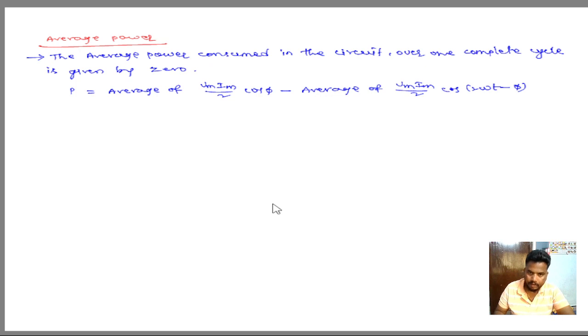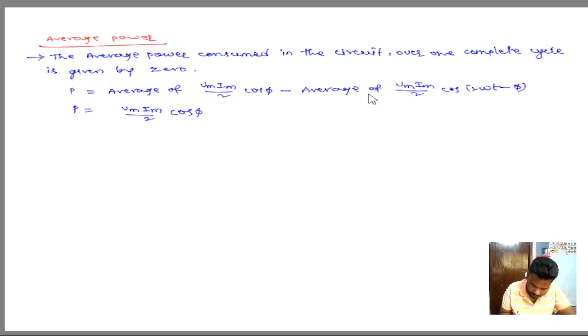The average of this total term over a complete cycle is zero. Therefore this part becomes zero, and P is equal to only Vm Im by 2 cos phi.